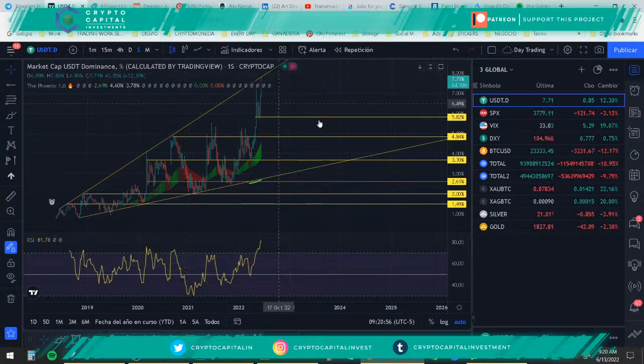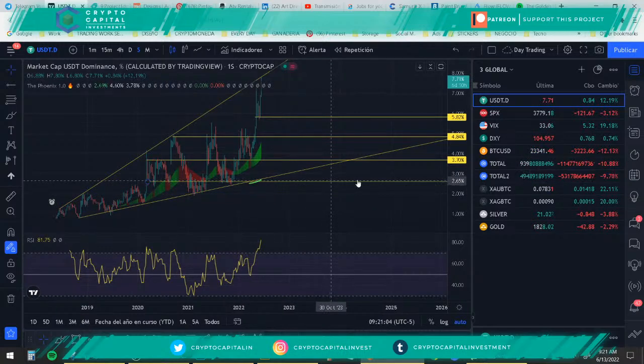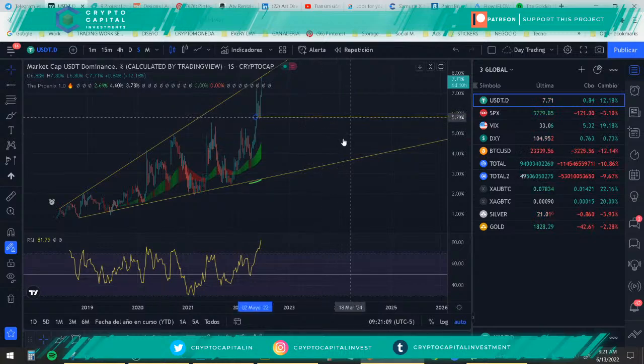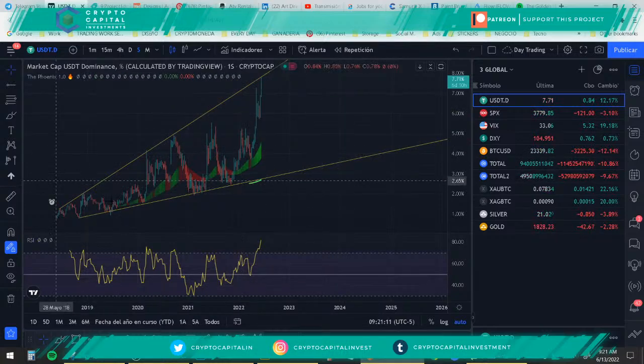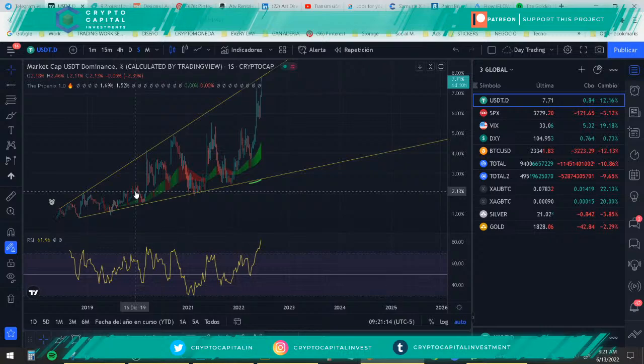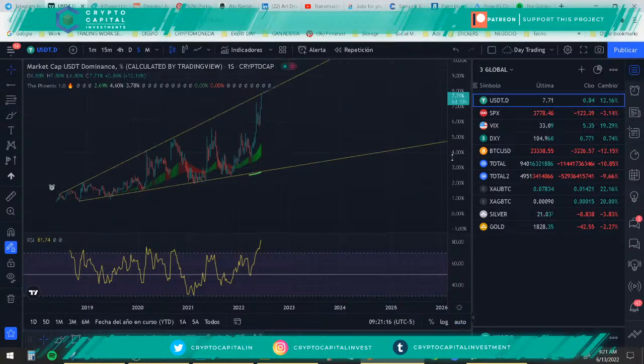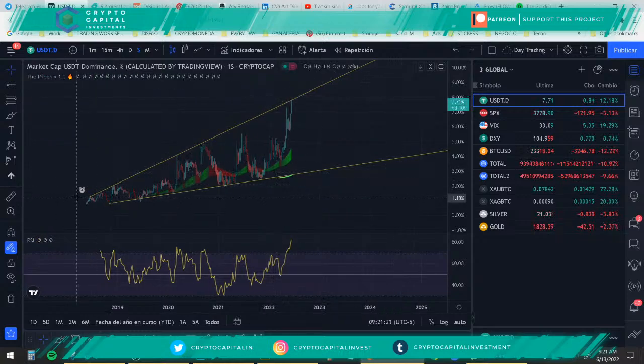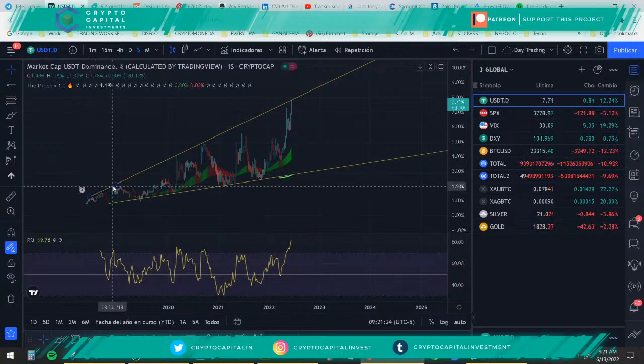Now I do have some levels, but I'm going to keep it simple so you can see what I'm looking at. This has been a 100% respected chart, and it's this pattern. So we have here, for example, December 2018, that was the bottom of the bear market in 2018.